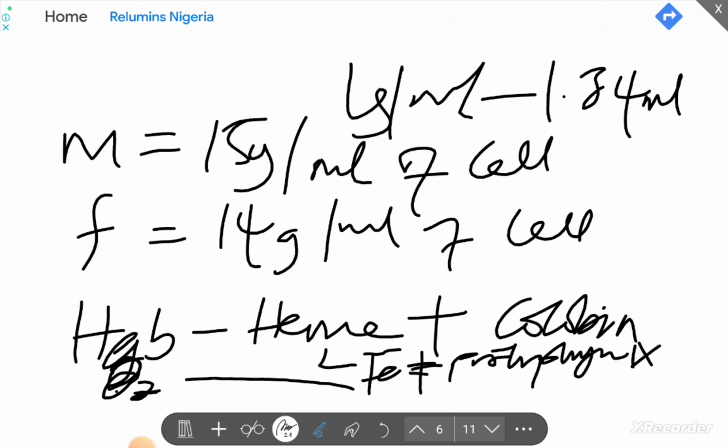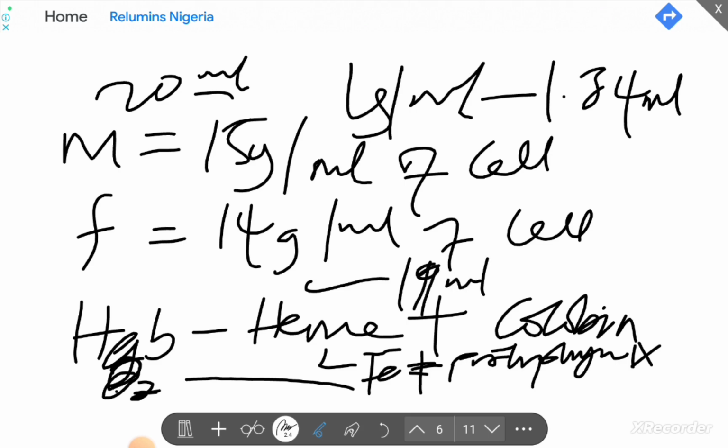So when you do your calculations and multiply 15 gram by 1.34 milliliter, you get about 20 milliliter of oxygen per 15 gram per milliliter of cell. For female, if you multiply 1.34 milliliter by 14, you get 19 milliliter of oxygen per 14 gram per milliliter of red blood cell.